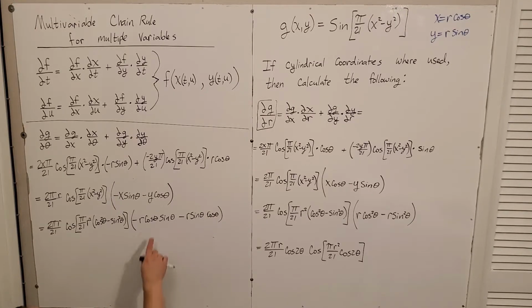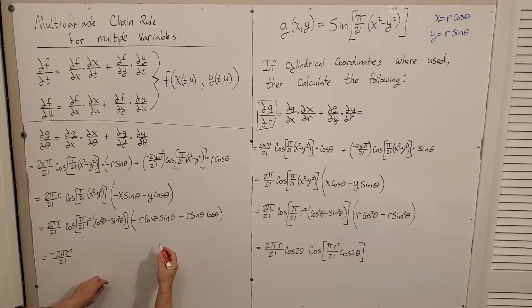Okay, I hope you're noticing something. I can factor out a negative r here, pull it to the front, and what I'm going to be left with is a negative 2 pi r squared over 21. I can do the same conversion here as I did before with the cosine squared minus sine squared. And this is going to add up to, because I've got two of the same thing, notice cosine theta, sine theta, cosine theta.